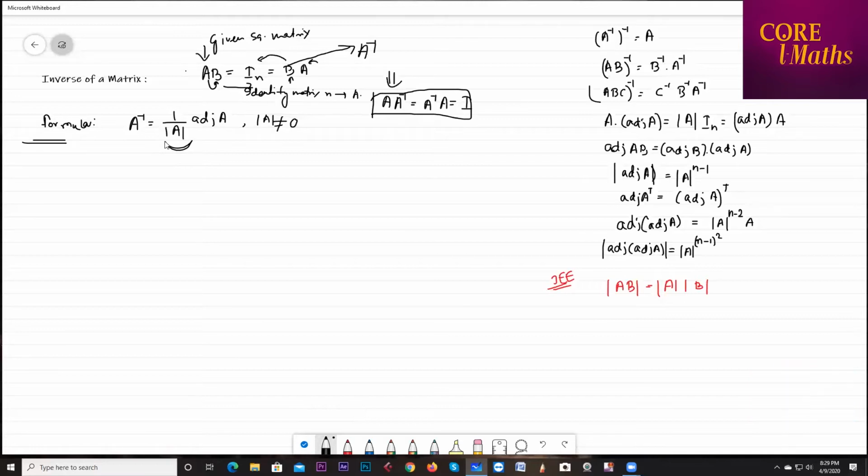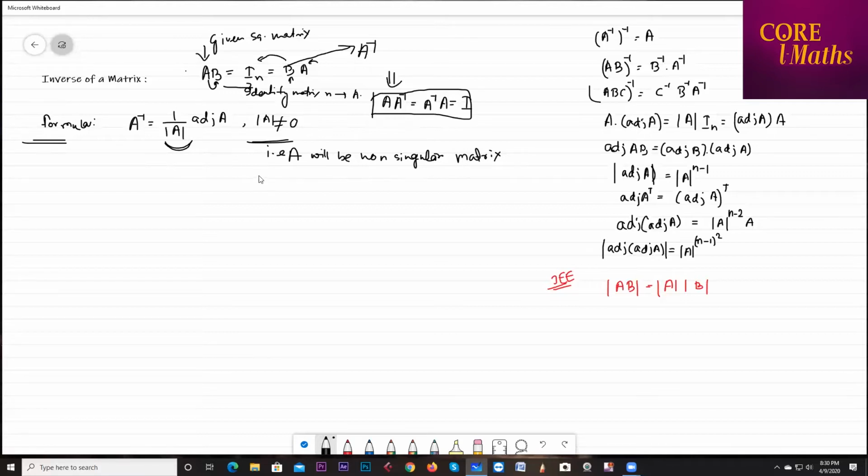So you cannot apply it. Here the condition is written: determinant of A not equal to 0. That is nothing but A will be a non-singular matrix, right?